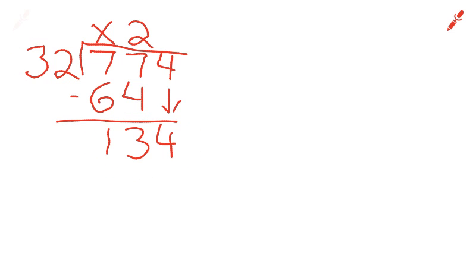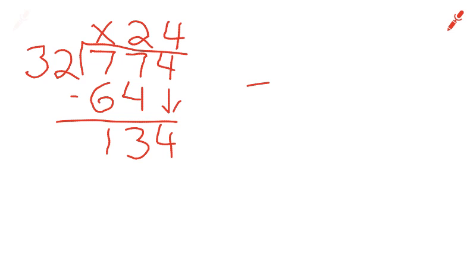Let's cover up our last numbers to estimate it. So we're covering up our 2, we're covering up our 4. And we're asking ourselves how many times does 3 go into 13? 3 goes into 13 4 times. Remember, this might be right, it might be wrong, but it will be close.